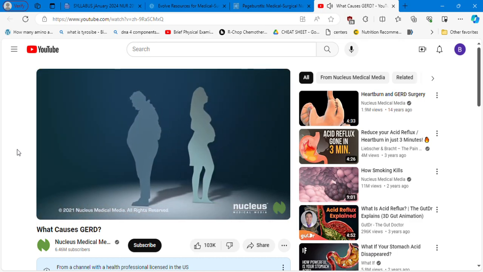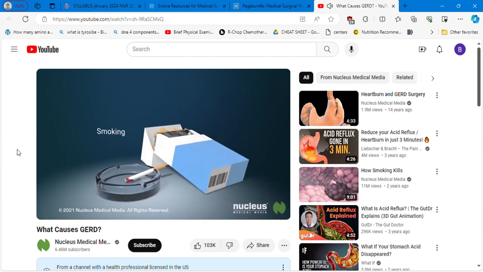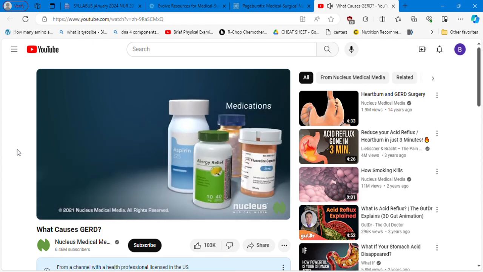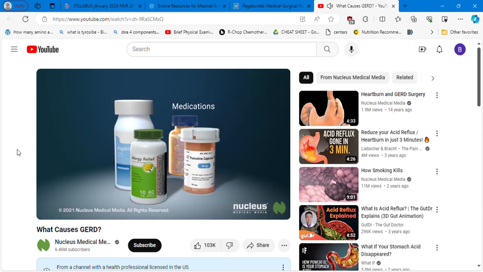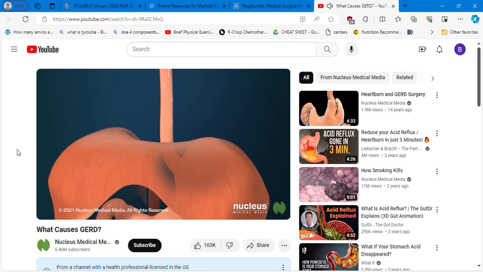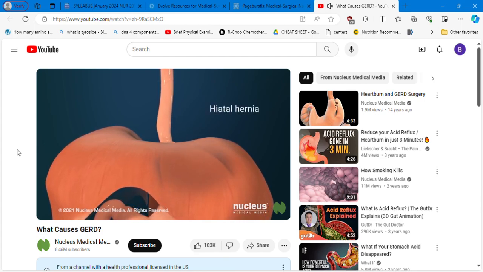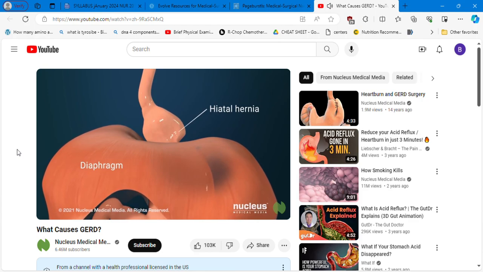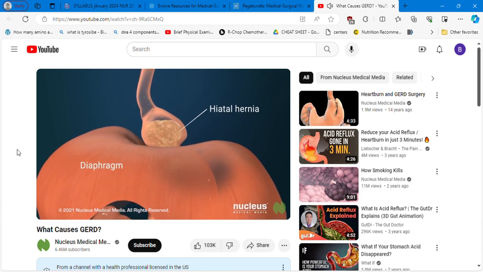Common causes of GERD include being pregnant or overweight, which puts pressure on your abdomen, smoking, certain medications, such as those that treat allergies, high blood pressure, and depression, and a hiatal hernia. A hiatal hernia is a condition where the upper part of your stomach moves up through an opening in your diaphragm. This makes it easier for stomach acid to come up into your esophagus.